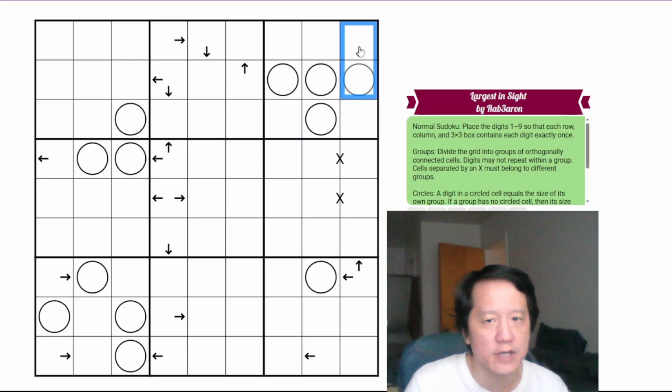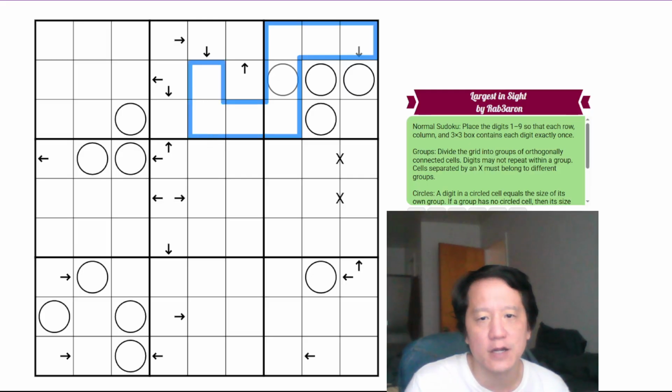What is an orthogonally connected group? It's basically cells where you can go from any cell in that group to any other cell in the group just by going through edges, all while staying within the group. So this is an example of a valid orthogonally connected group.